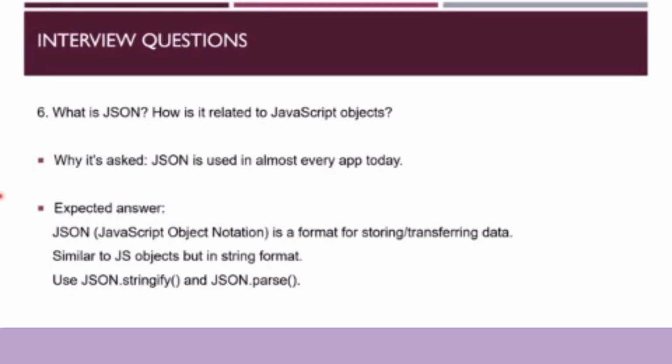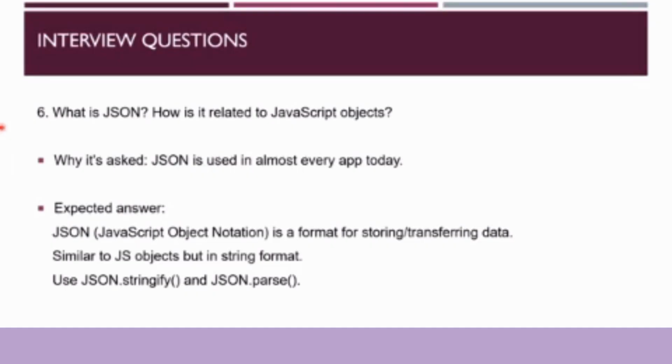For example, a JSON string looks like name: Alice and age: 25. In JavaScript, it is just text, not an actual object. To work with JSON in JavaScript, we use two important methods.